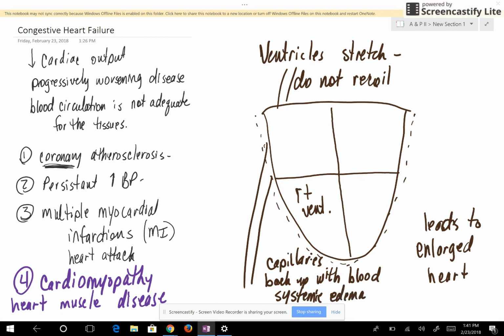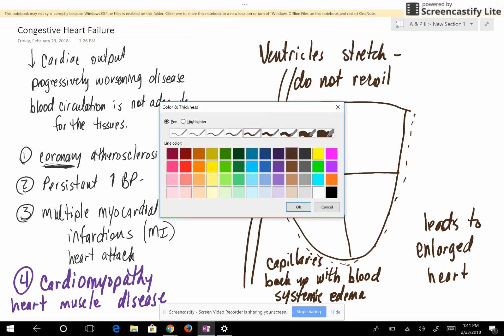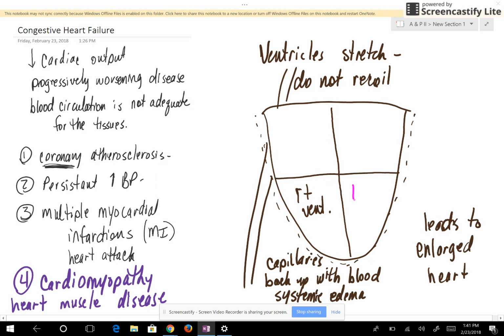Okay, we turn this around. Let me just switch colors real fast. And we'll talk about the left side of the heart becoming weaker. If the left ventricle weakens, this means that the blood backs up in the left ventricle because the blood cannot be pumped out into the aorta. Eventually, it's going to back up into the left atrium.